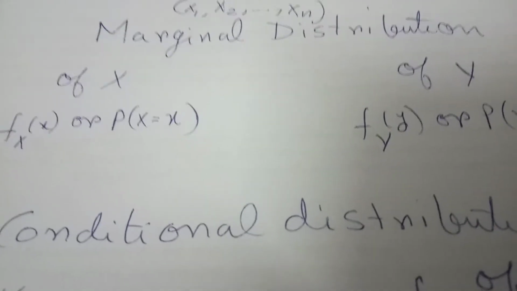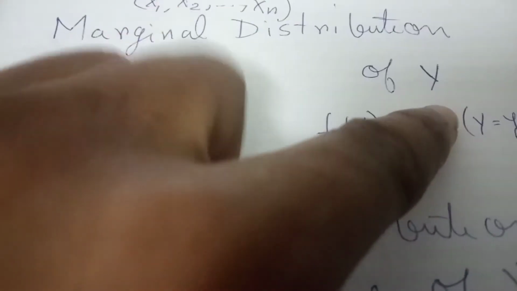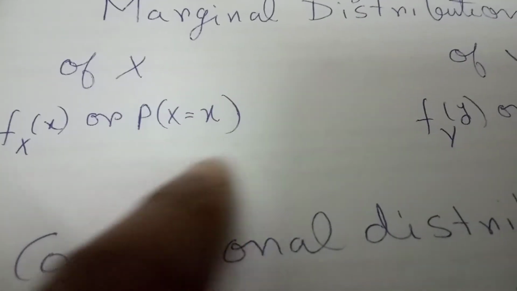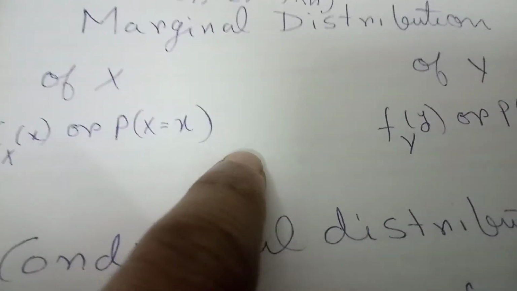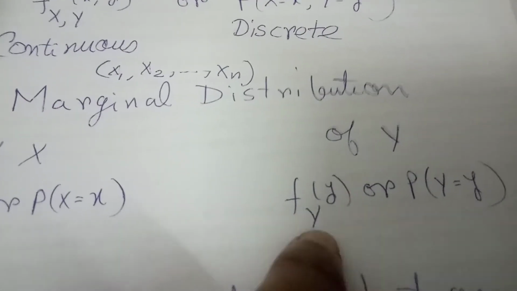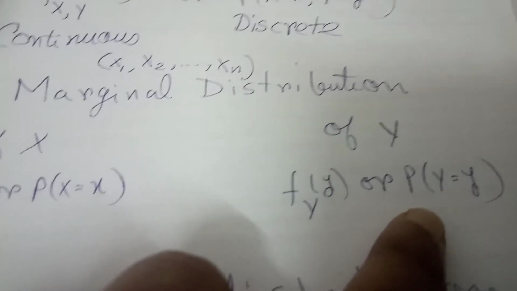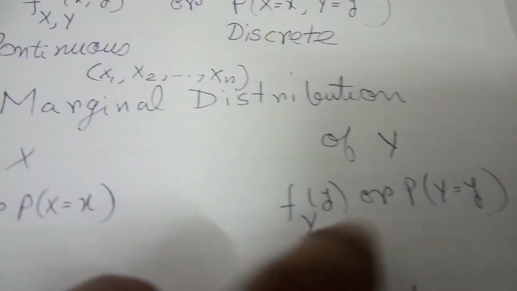So the marginal refers to the distribution of one random variable at a time. You can have the density or the probability mass function depending upon whether X is continuous or discrete, and similarly you will have the distribution of Y in terms of density or probability mass function depending upon whether Y is continuous or discrete.